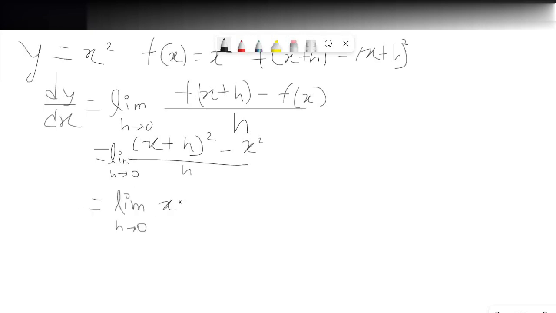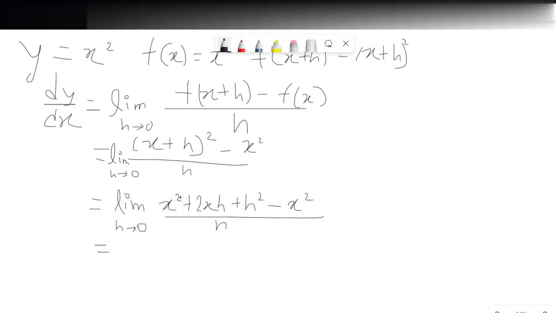Now in order to simplify this, you have to expand x plus h whole squared, which is x squared plus 2 times x times h plus h squared, subtracted by x squared, divided by h.